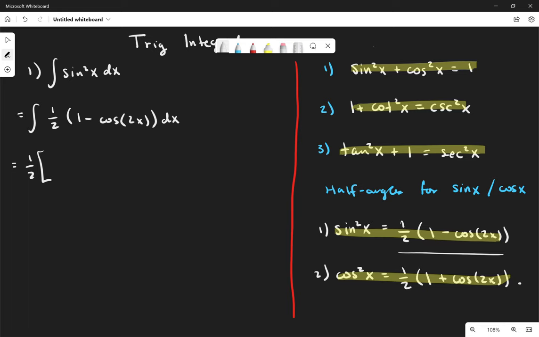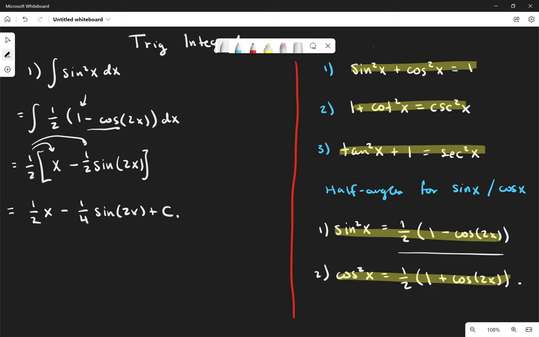Please pause if it doesn't make sense. I have the antiderivative of 1 is x. Antiderivative of minus cosine is minus sine. Because of that 2x, I have to throw a half out, though. So that's a half x minus, I'm distributing, a quarter sine of 2x plus c.